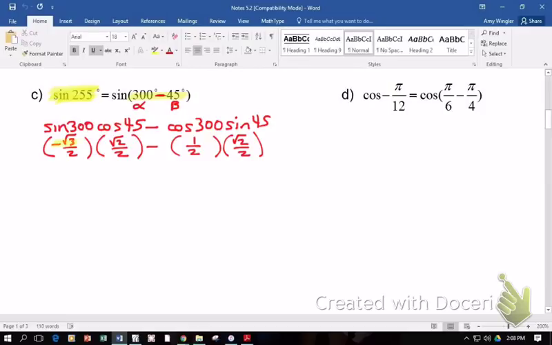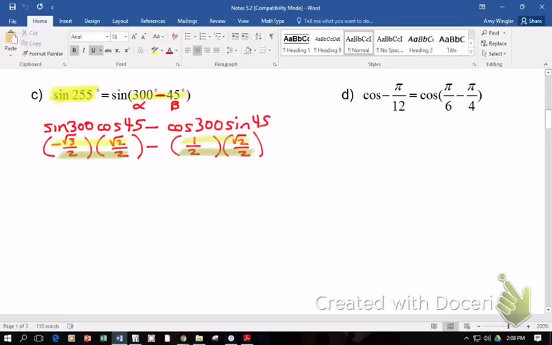So again, I'm multiplying the numerators together. And then I'm going to multiply the denominators together. If I do this on both sides, you can see that I have a common denominator again. So when you have a common denominator, you want to write your answer as one big fraction.